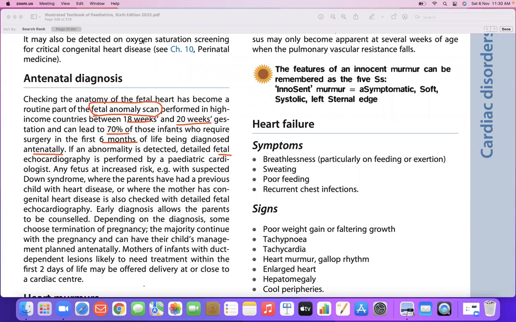So we should know that the anomaly scan performed at 18 to 20 weeks is a screening scan to detect congenital heart disease. It can help you find out which congenital heart diseases may need immediate attention after birth, like hypoplastic left heart syndrome, or some critical pulmonary stenosis, aortic stenosis, or coarctation of aorta, and the child has to be born in a tertiary cardiac center.